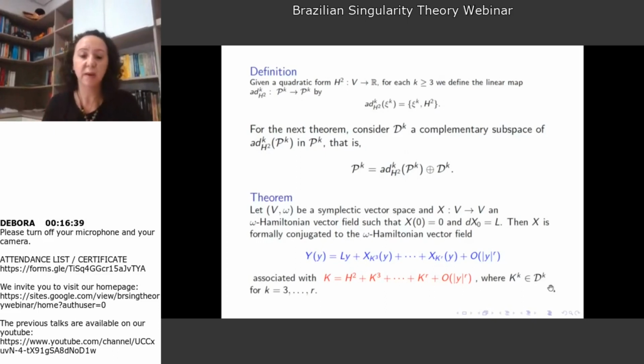As in our case we study symmetries and reversing symmetries, we want to determine which is our complementary subspace in order to obtain a normal form preserving the symmetries and reversing symmetries in our context.